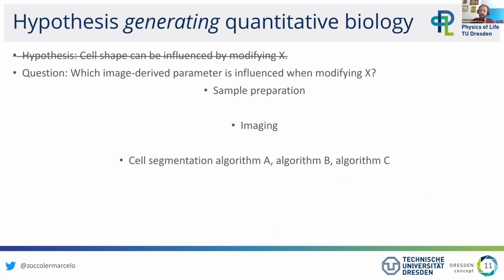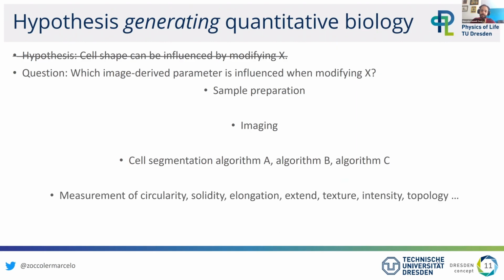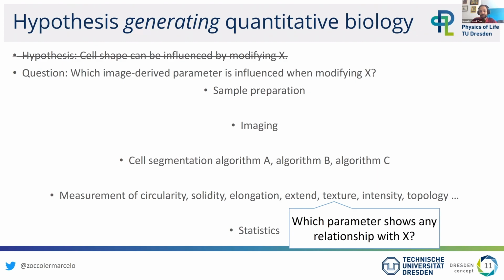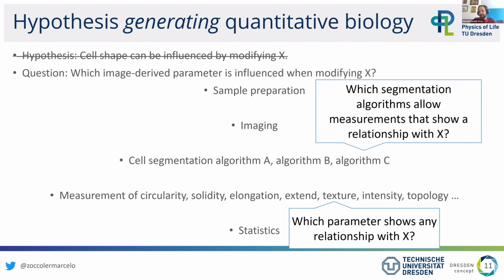You could try different segmentation algorithms, and you could measure a bunch of stuff, like all the features that you can get from these objects, and then also calculate statistics. Then your question could be, which of these parameters show a relationship with X? Also, you could argue which of the segmentation algorithms can show a relationship with X and Y.